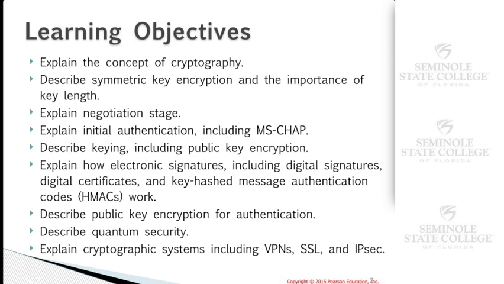We'll look at the initial authentication, including MS-CHAP, describe keying, and include the public key encryption, explain how electronic signatures, including the digital signatures, digital certificates, and keyed hash message authentication code, which is HMAC, work. We will describe the public key encryption for authentication, describe quantum security, explain cryptographic systems like VPN, SSL, and IPsec.